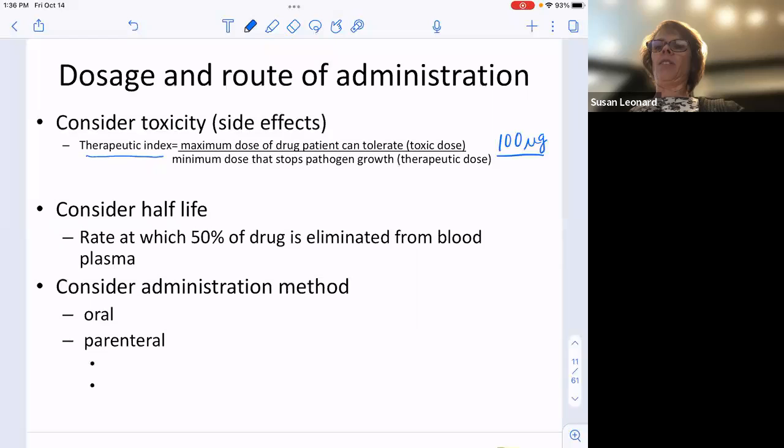So say 100 micrograms is the toxic dose, and it only takes 1 microgram to kill the pathogen. Then the therapeutic index is equal to 100. That's considered a very safe drug. The higher the therapeutic index, the safer the drug.